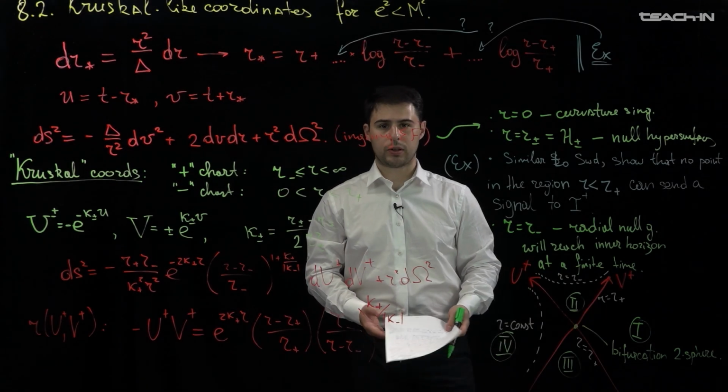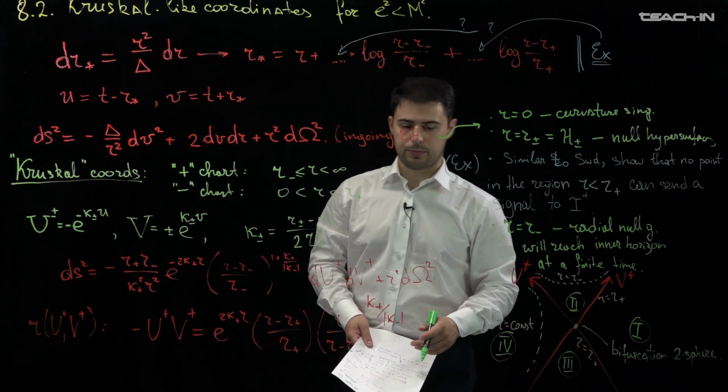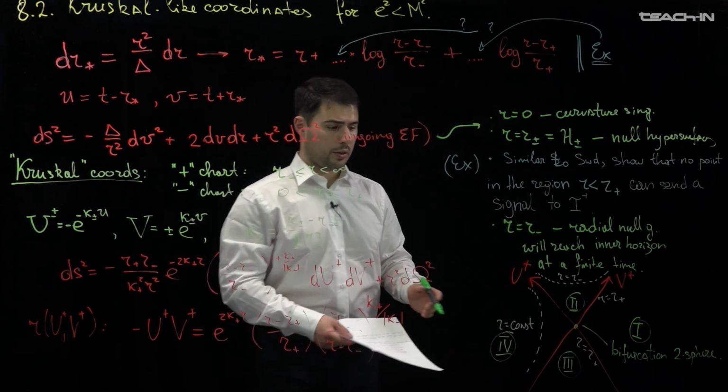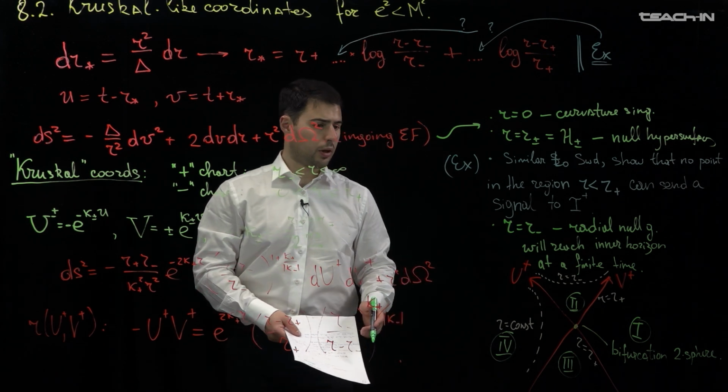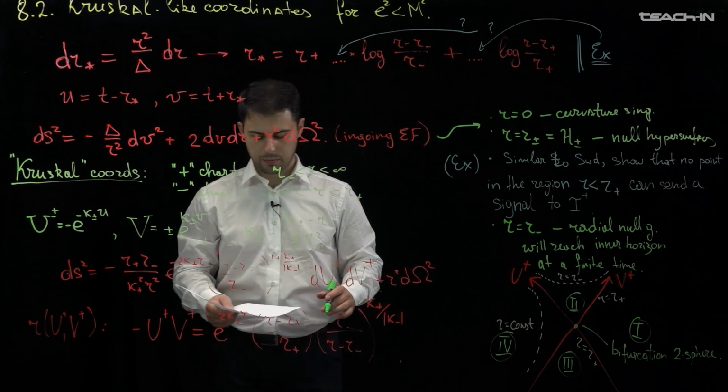Now, we want to construct a second chart and match them on the overlap. So, the overlap is in the region 2, which is the region between the horizons.